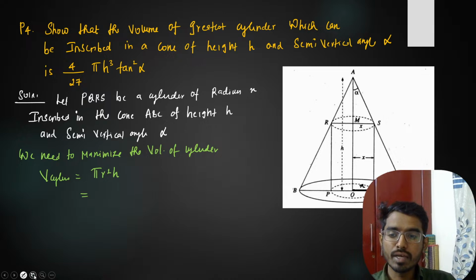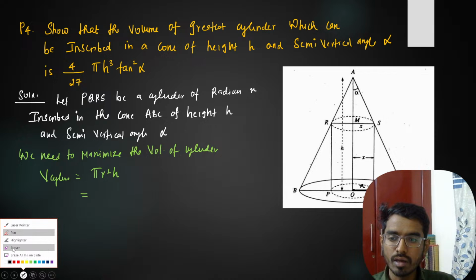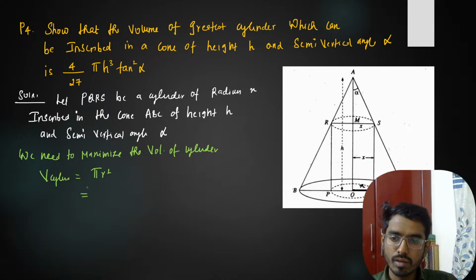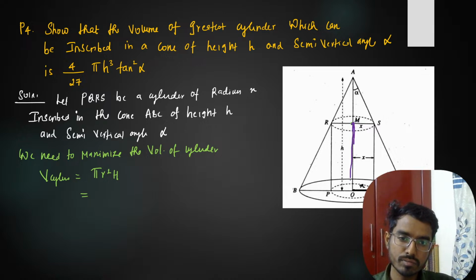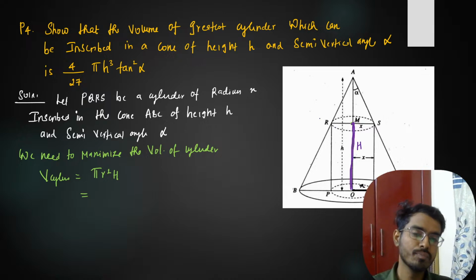But we don't know the height of the cylinder. This height is the height of the cylinder, but this other height is the height of the cone. Don't think about it differently. I'll write this as some capital H. That is the height of the cylinder.